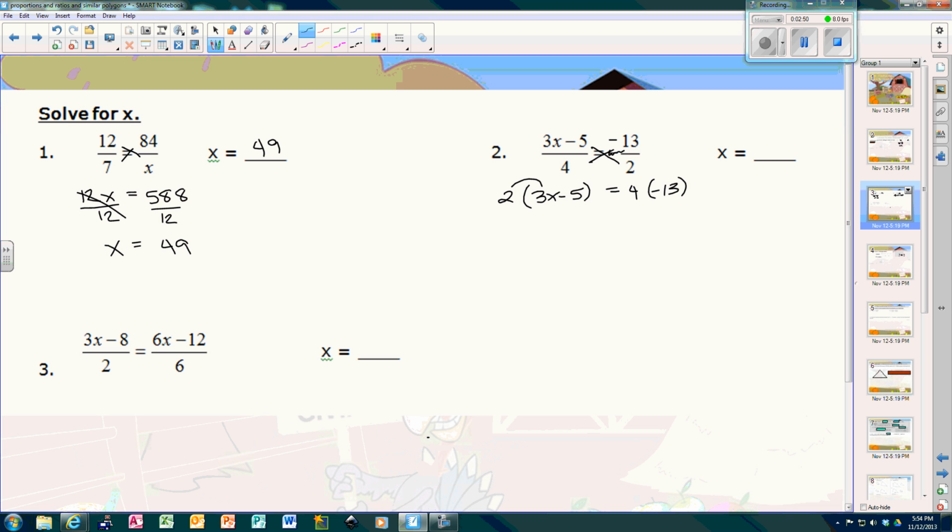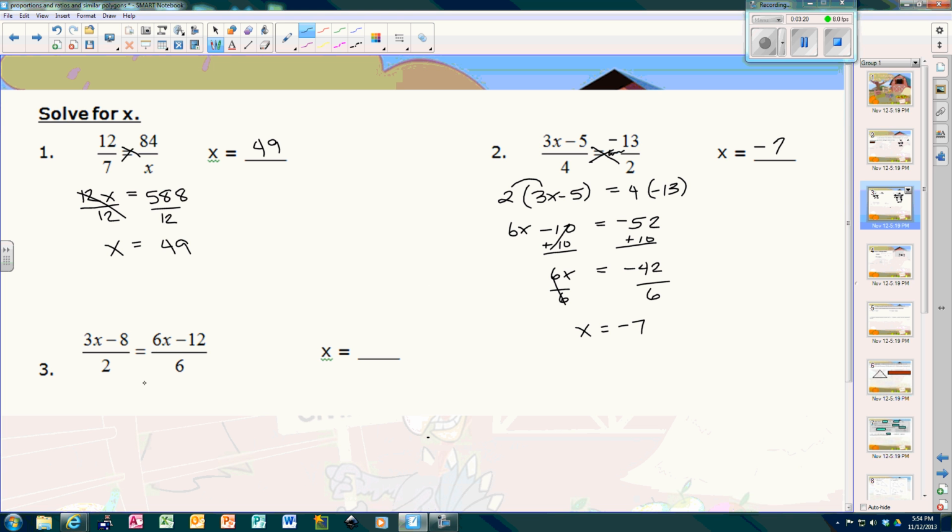So we have 2 times 3x is 6x, and 2 times negative 5 is negative 10, equals 4 times negative 13 is negative 52. So if I add 10 to both sides, I get that 6x is equal to negative 42. Divide both sides by 6. We get that x is negative 7. So our answer is negative 7.